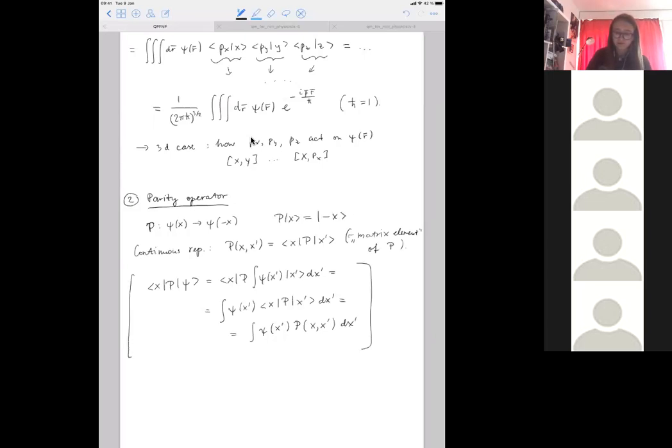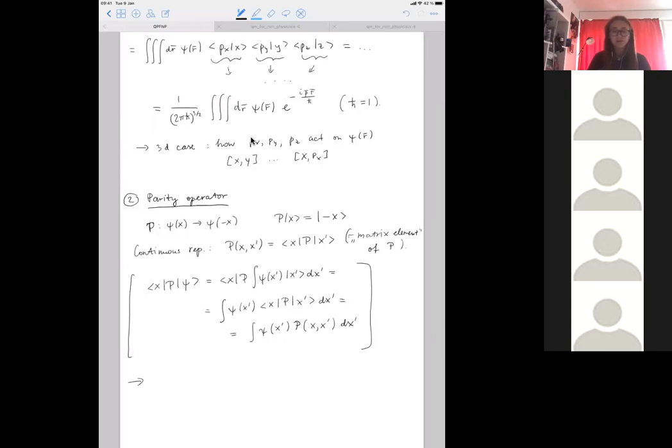This is why we need the continuous representation. And you have to do this for this operator P. It's quite a simple calculation. As a hint, you'll get some sort of delta function in the end.